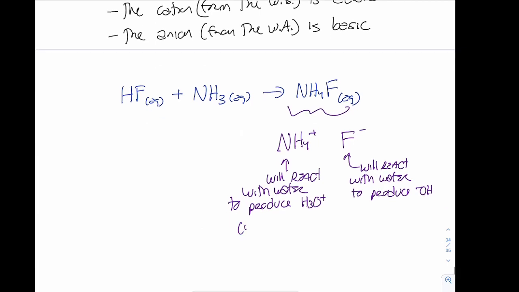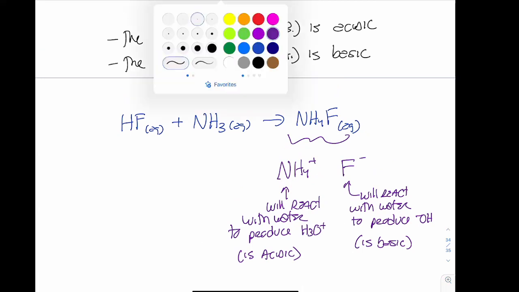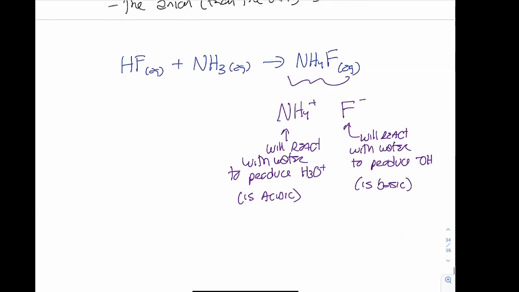One is acidic, one is basic. So we need our Kas and Kbs for these, and I have them here for us.